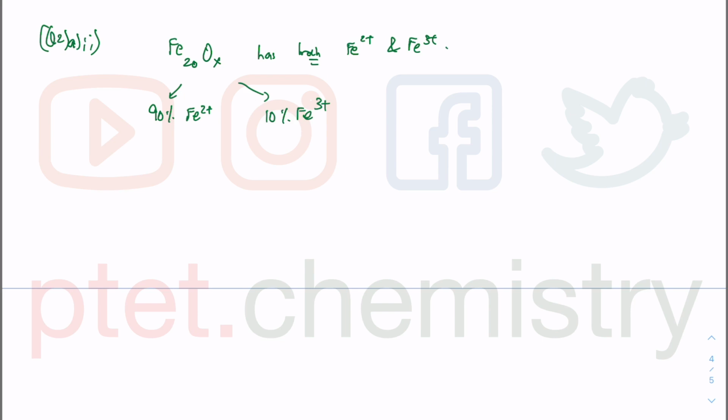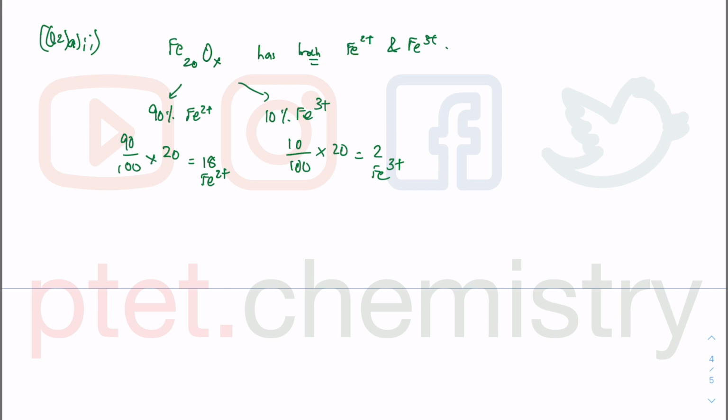90% means 90 out of 100 times 20, so 9 out of 10 times 20, so there's 18 Fe2 plus. And then for this one, you can either do 10% of it, or you could just take out from 20 iron. Of course 18 are Fe2 plus, that means 2 of them are Fe3 plus.